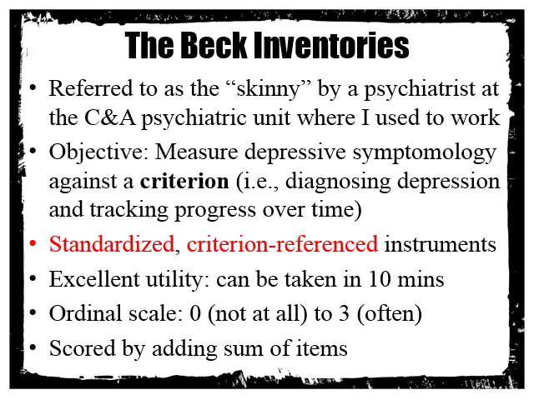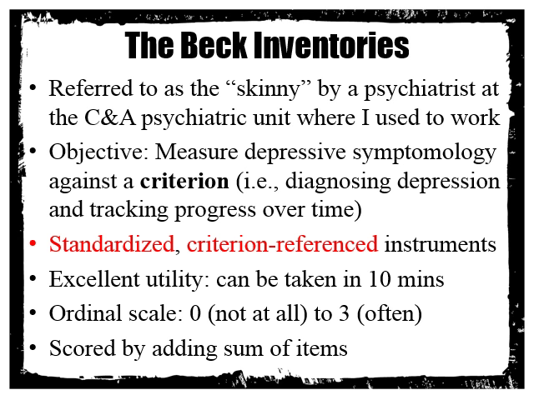This criterion was developed by Beck and his colleagues, who met together and decided what the symptoms of depression were and to what level of severity was needed to meet the criterion for mild, moderate, or severe depression. The goal here was to diagnose depression and to track progress over time.